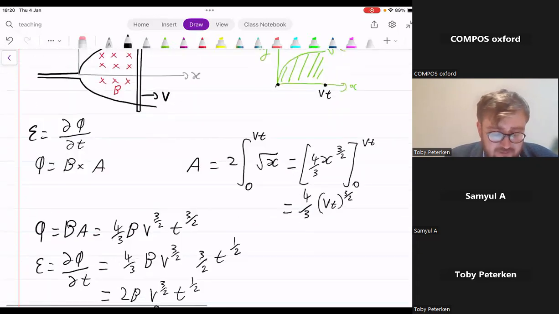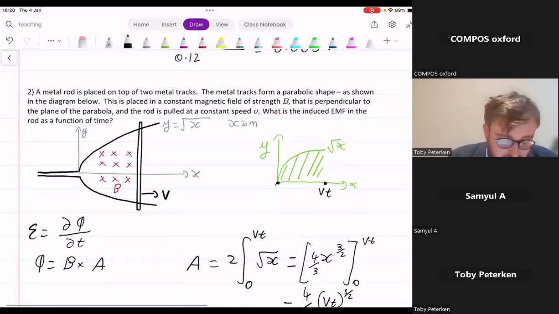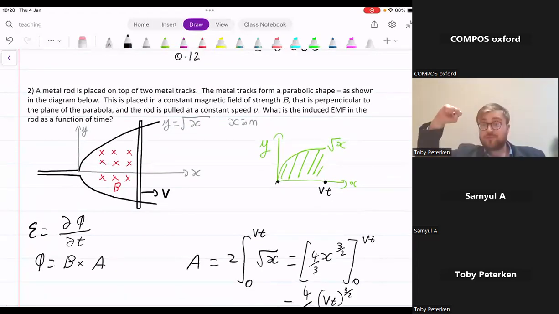What it means is if you're pulling the rod and the flux is increasing, well, then the current is going to be induced such as to decrease the magnetic flux. If it were increasing the magnetic flux, as say in example 2, as we pulled the rod, the current was created such that the magnetic flux was increased even more, then it would induce even more current, which would increase the magnetic flux, and we'd have a growing magnetic field.